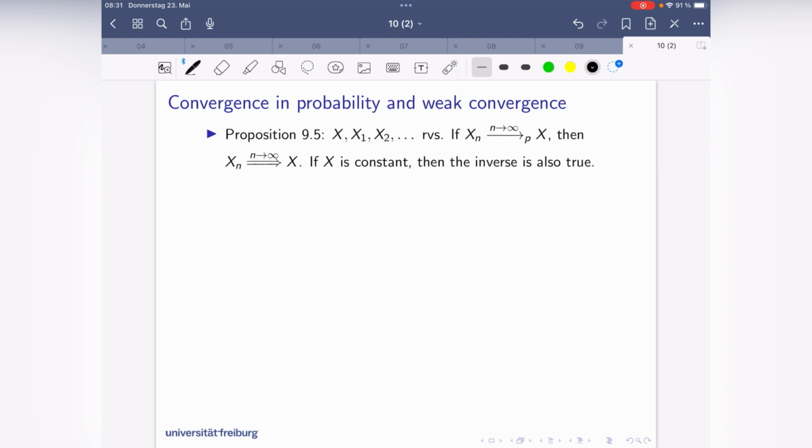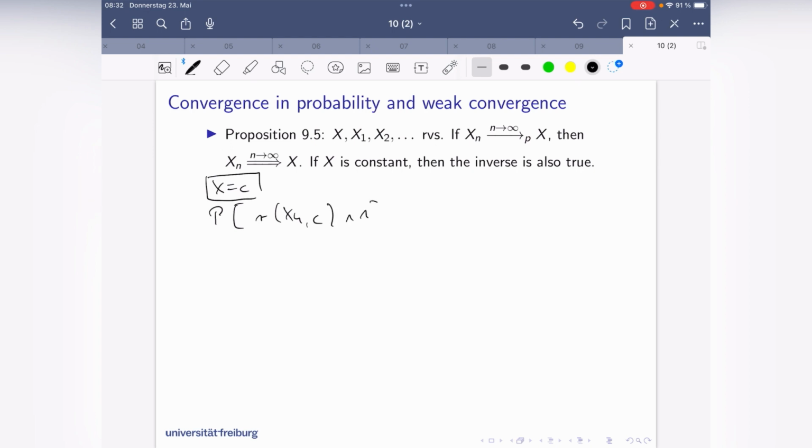Well, in fact, here I have to show this because I have weak convergence, x is constant, and I have to show x_n converges in probability to x. What I can do, integrate the distance of x_n to c, where x equals c now. And x is a constant, so x equals c, minimum 1.